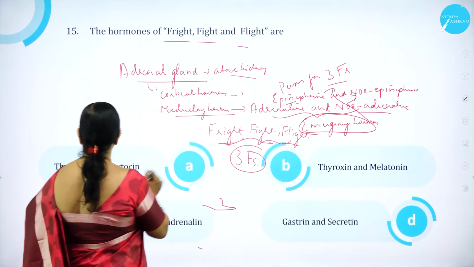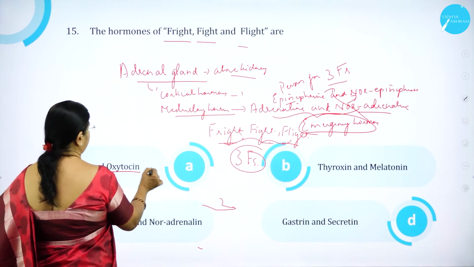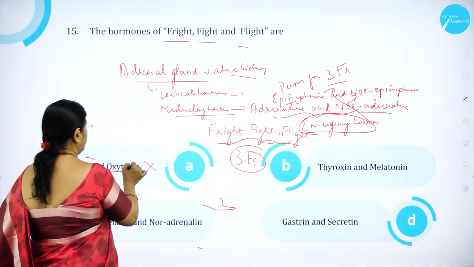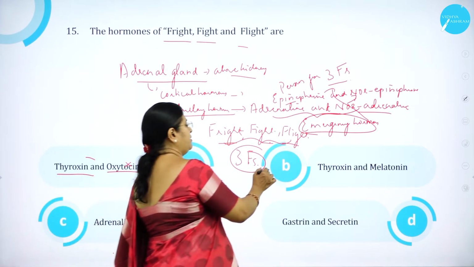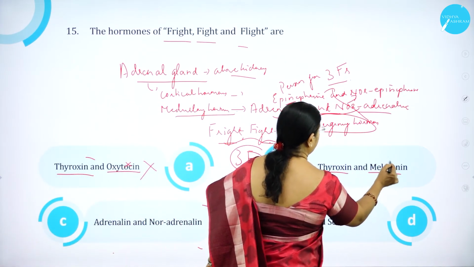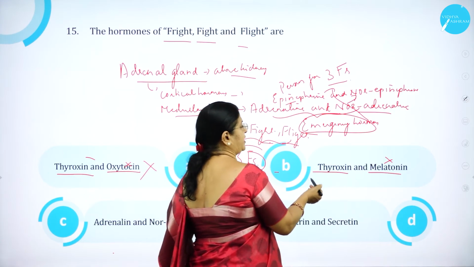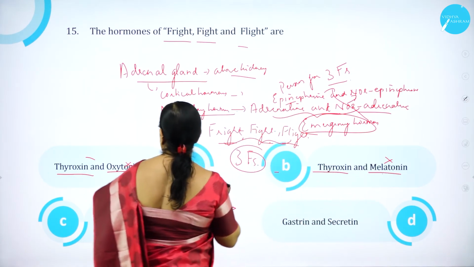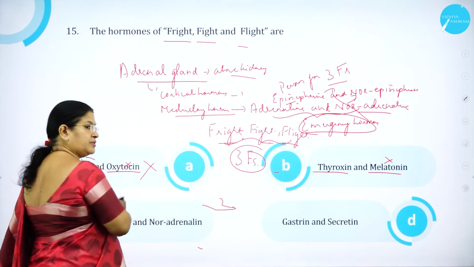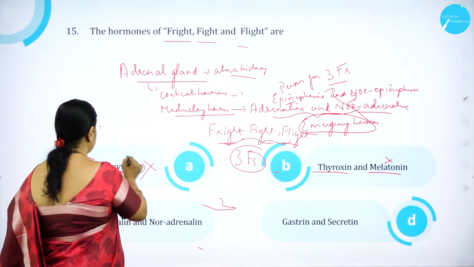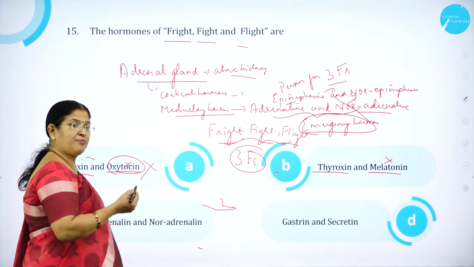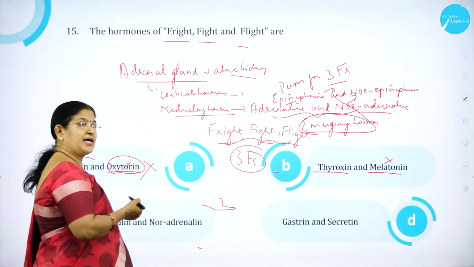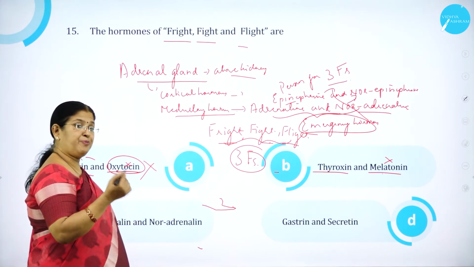So option A is what? Thyroxine and oxytocin. Wrong. Thyroxine, no. Oxytocin, no. Then B, thyroxine and melatonin. No. Thyroxine is produced by the thyroid gland. Melatonin is produced by the pineal gland. Oxytocin is a hormone produced by the hypothalamus and received by the posterior pituitary, right?